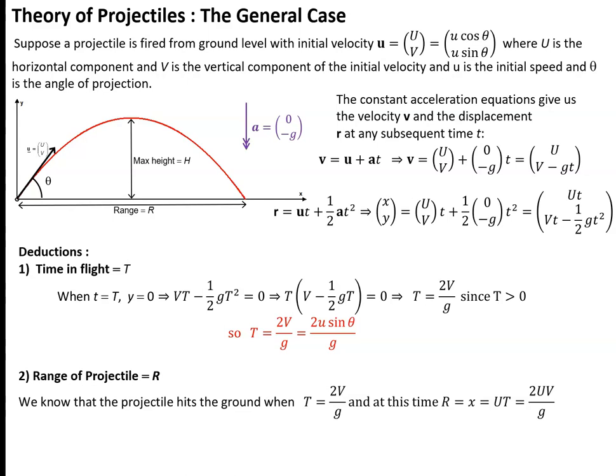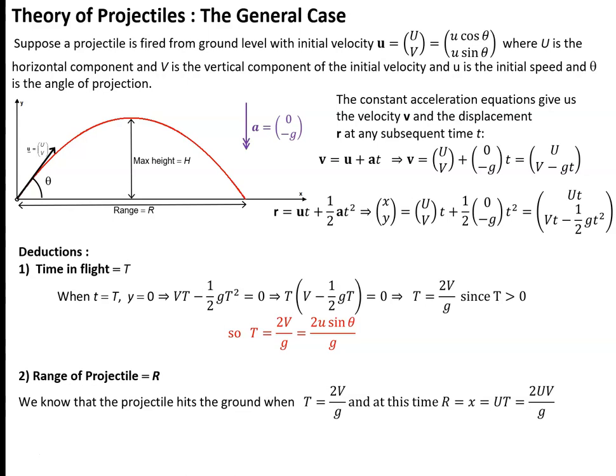We know that the projectile hits the ground when t equals 2V over g. We know that x is equal to U times t. So therefore the range is x is equal to U times capital T. In other words, that's 2UV divided by g.